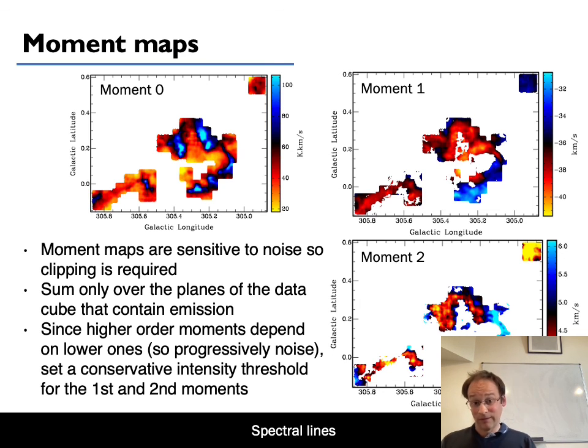That's what we're seeing here. And as we progressively go from moment 0 to moment 2, you notice that the region that isn't clipped gets smaller, because the moment 2 map tends to be noisier than the moment 0 map, and so the clip has to be more conservative.